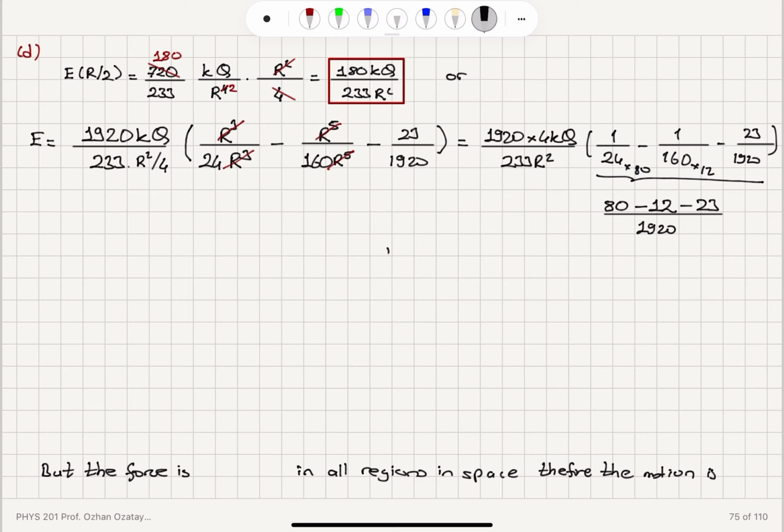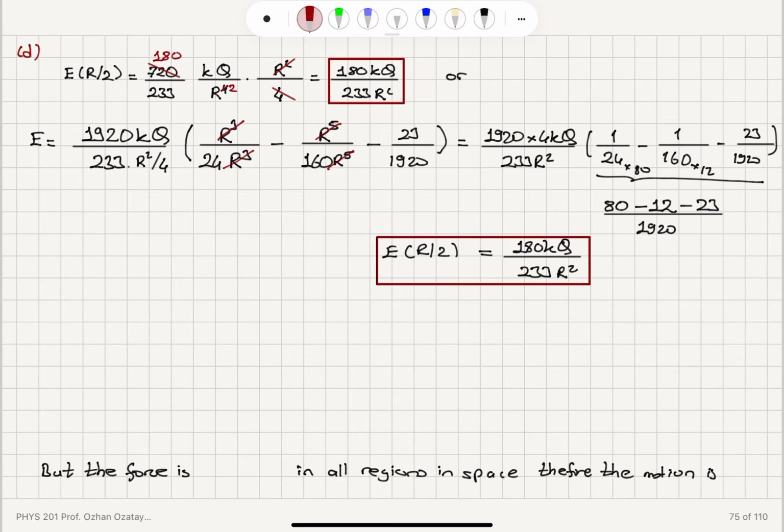The electric field at capital R over 2 is 180 K capital Q divided by 233 capital R square. So it's the same answer calculated using the long way.